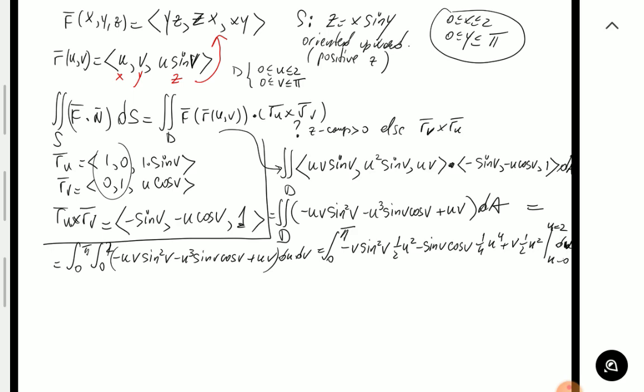Okay, so if I plug in 2, I end up with the following. 2 squared over 2, that's 2, so it's going to be minus 2v sine squared v, and then 16 over 4, that's 4. The middle one is minus 4 sine of v cosine of v, and then plus 2v.